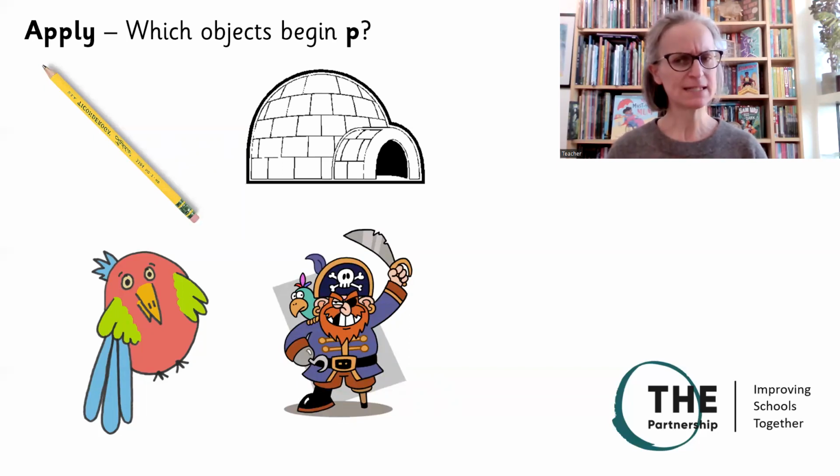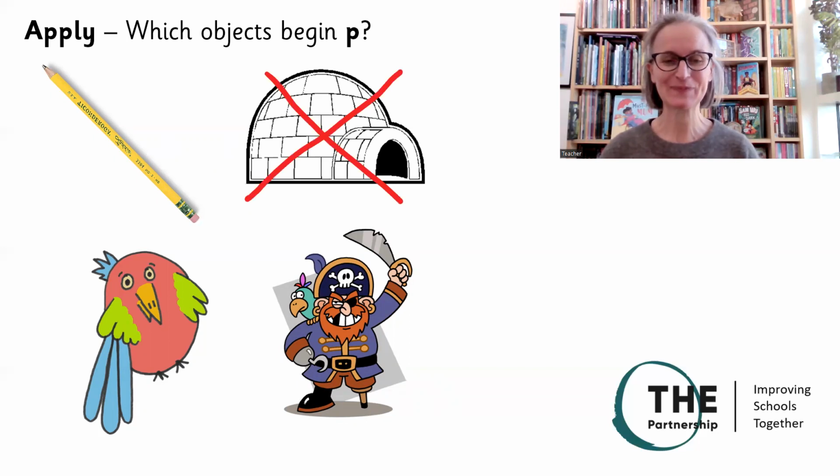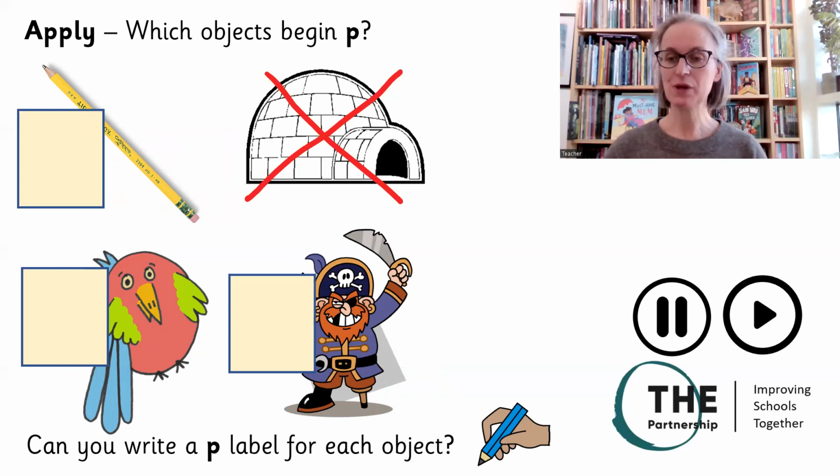There was one that didn't start with P. Which one was it? That's right, igloo. Now, let's see if we can write some labels for our pencil, parrot, and pirate. Press pause while you write your labels. Press play after you've finished.